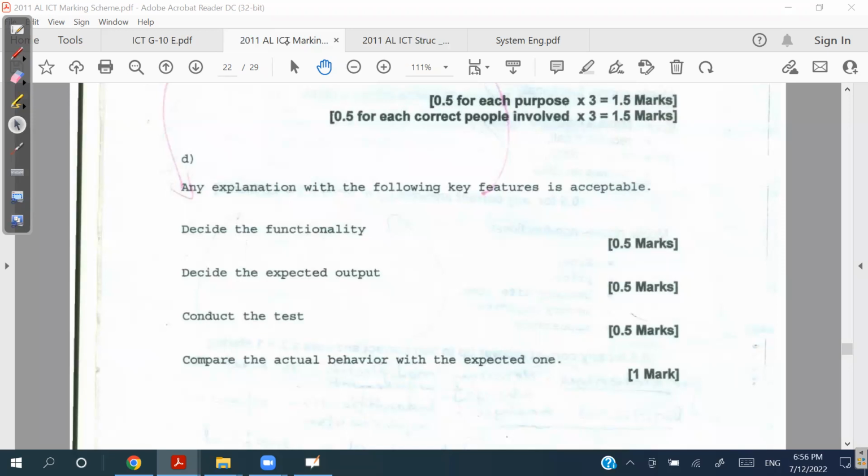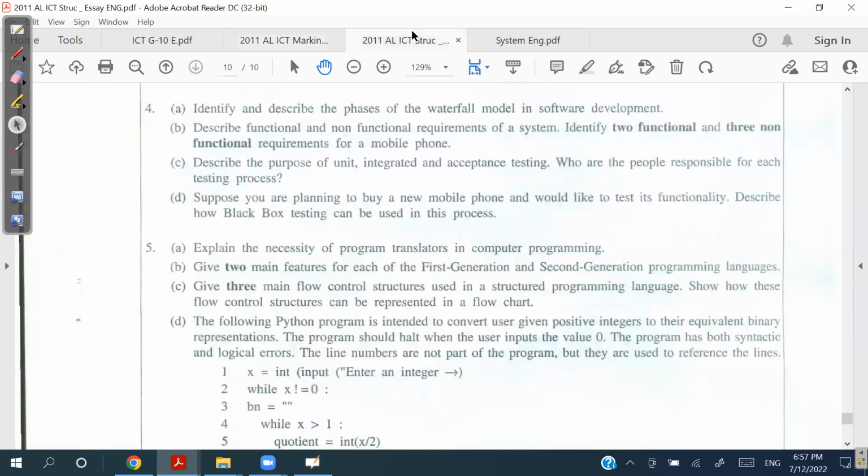So when you are molding this into an answer, first you have to say what's the functionality that you are going to decide, or that you are going to test, right? They are asking about one particular thing only. Let me see the question. Suppose you are planning to buy a new mobile phone and would like to test its functionality.